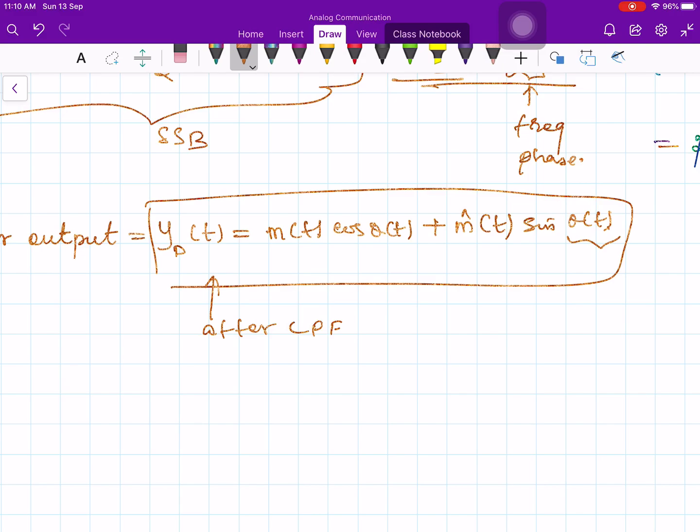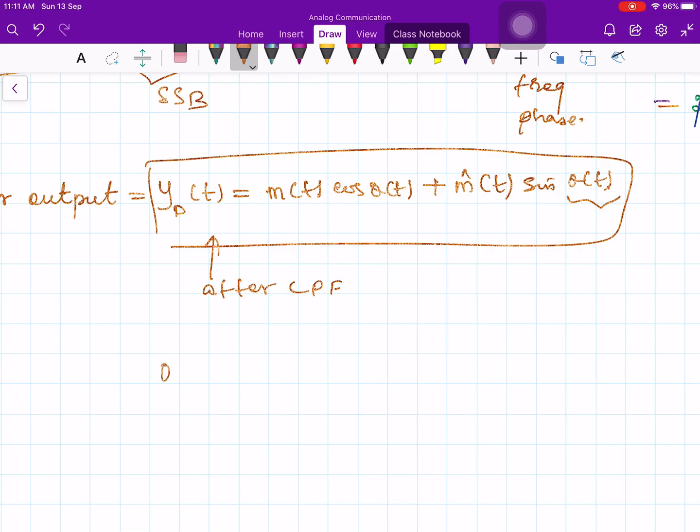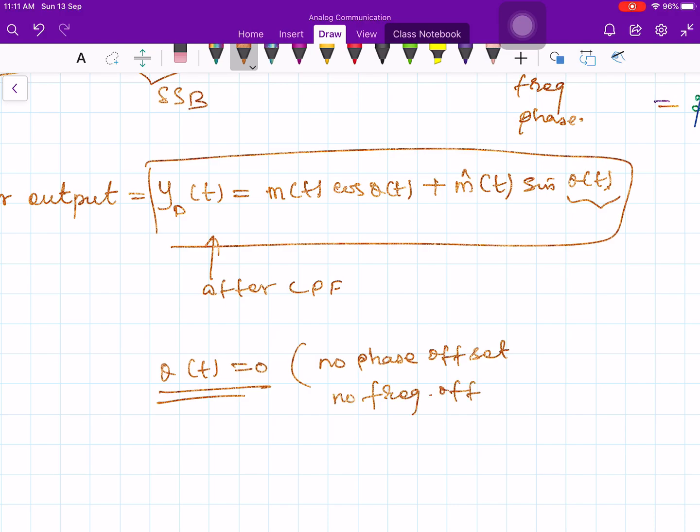Now let us consider the case when theta of t is equal to 0. There is no phase offset and no frequency offset.